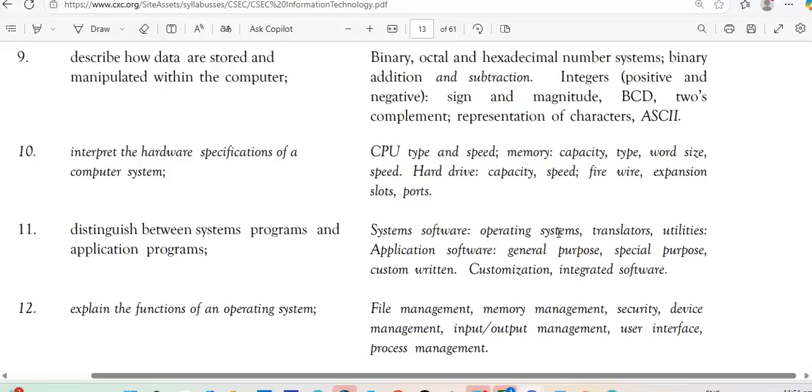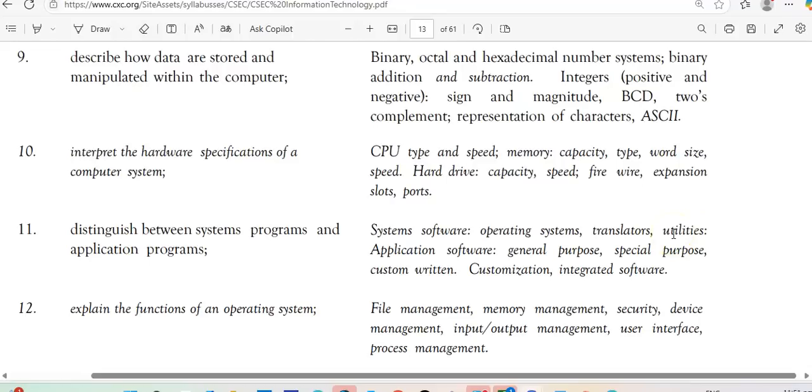We have translators, which convert high-level programming languages into machine code so the computer processor can execute it. We have utilities, which perform specific tasks related to computer maintenance, such as disk formatting, data backup, and virus scanning.